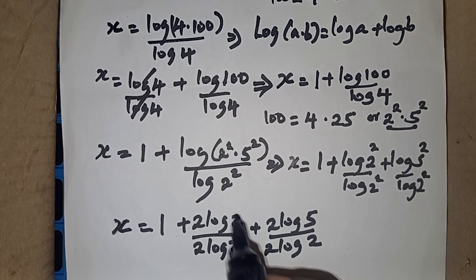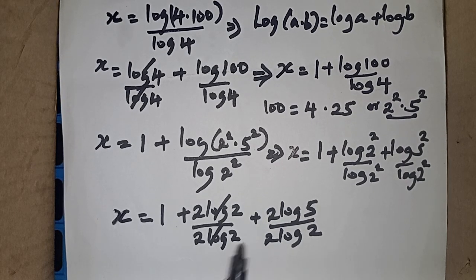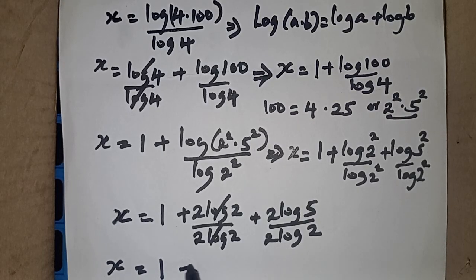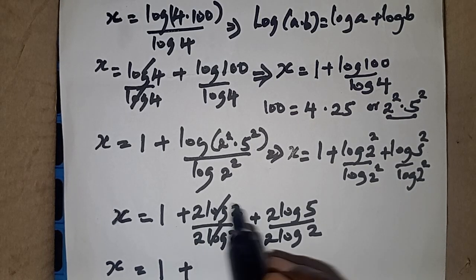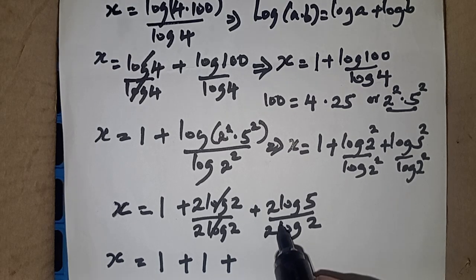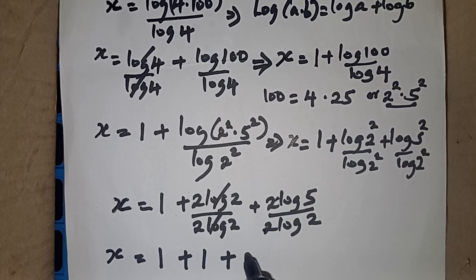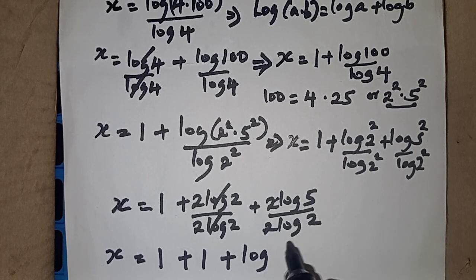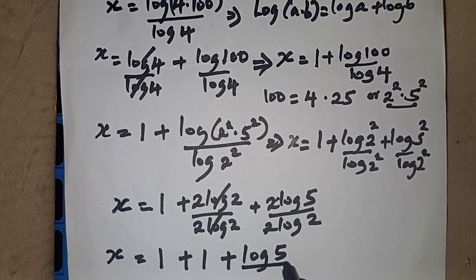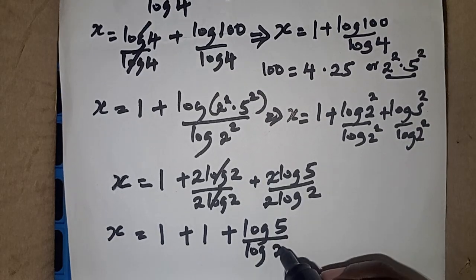So it is clear to see that this and this are similar and will cancel, and x now becomes 1 plus this, which is also giving me another 1, and then plus, at this stage it is clear that this and this cancel, and I'll end up with log 5 divided by log 2.